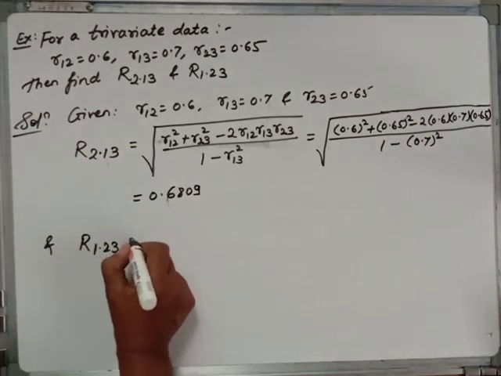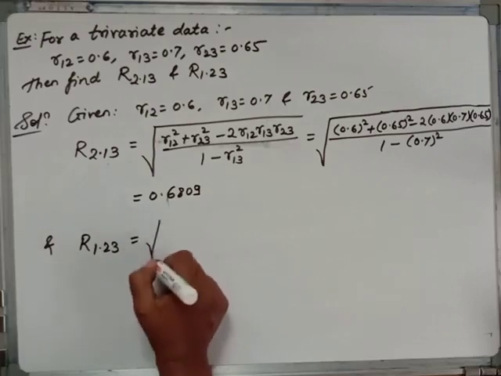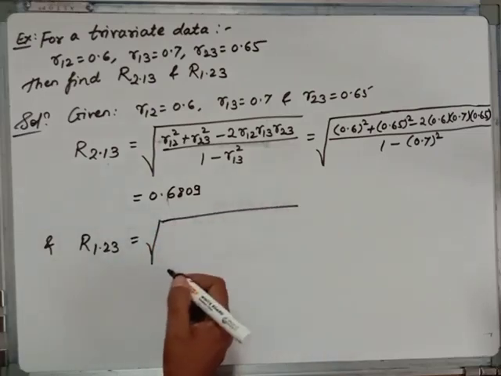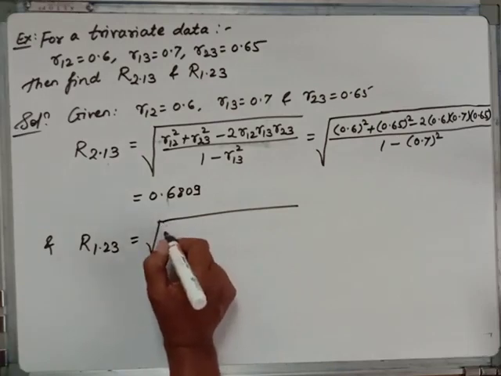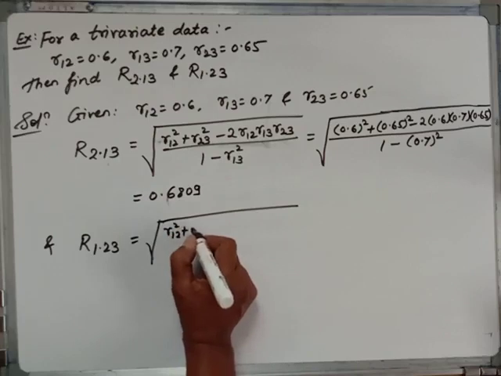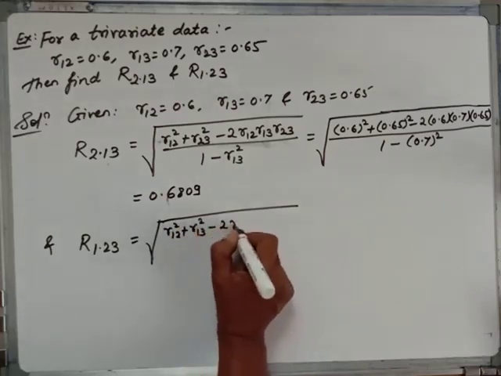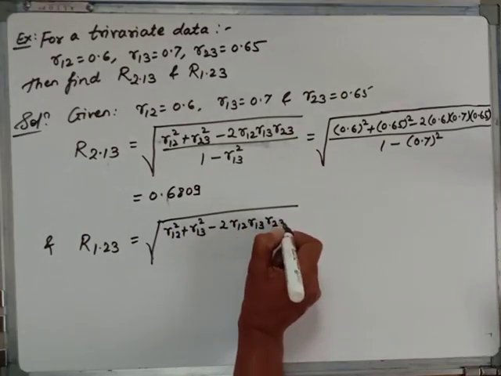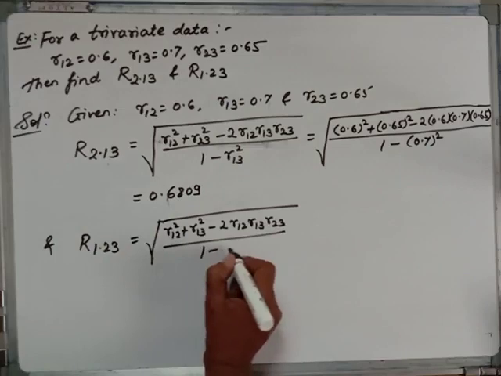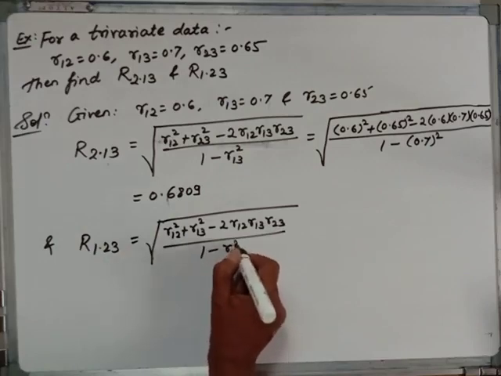Okay, again, R1.23, what does it? It is under root R12 square plus R13 square minus 2 R12, R13, R23 upon 1 minus R23 square.